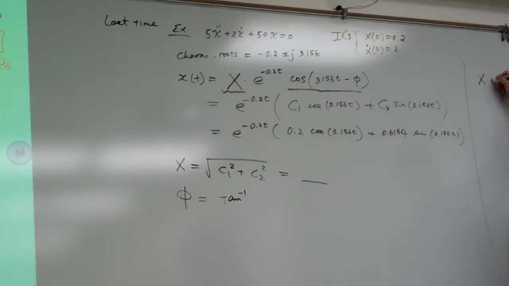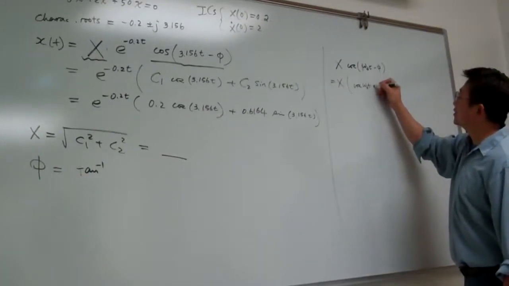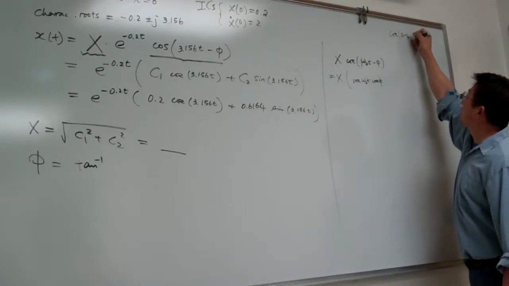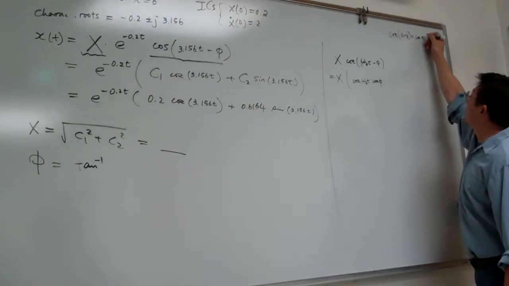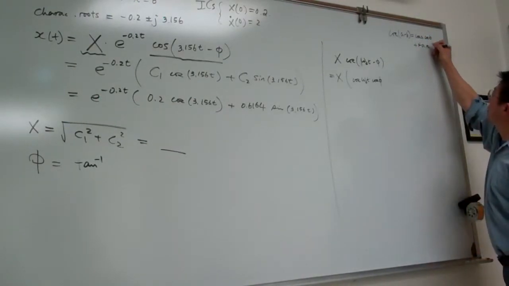expanded this one, X cosine of omega_d t minus phi, where omega_d equals 3.156. So cosine expanded equals cosine omega_d t cosine phi. I'm going to use the equation cosine(a minus b) equals cosine a cosine b plus sine a sine b.